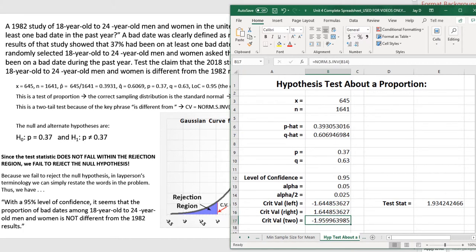My critical value ends up being negative 1.96 and also positive 1.96. And we saw that on the diagram. We'll quickly go back to that in just a minute. And my test statistic automatically populated to be positive 1.93. So let's go and see what the diagram looks like again.